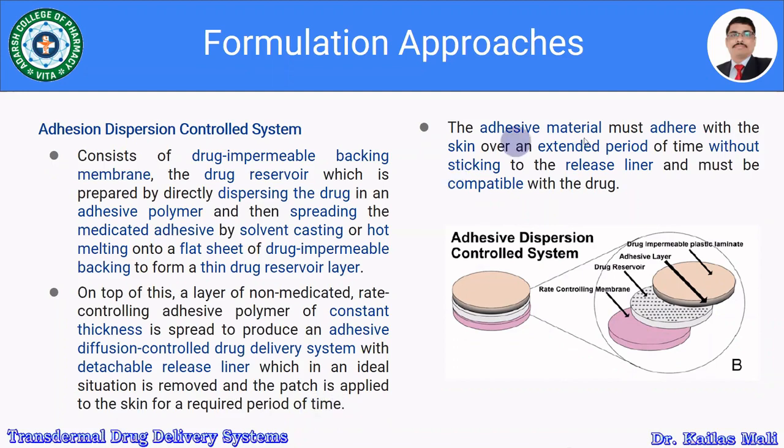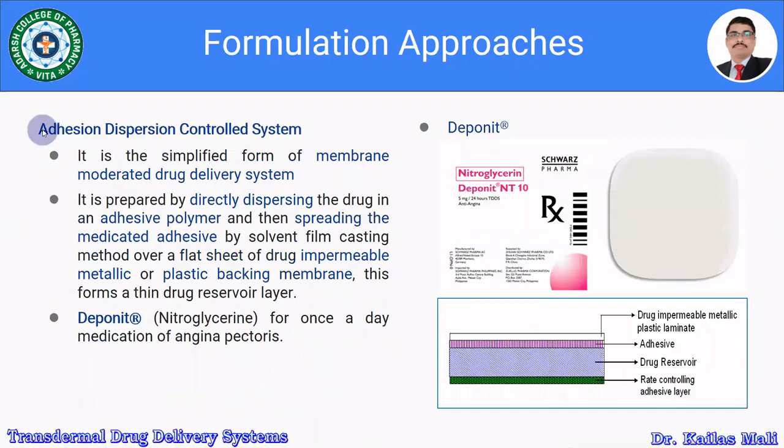The adhesive material must adhere to the skin over an extended period of time without sticking to the release liner and must be compatible with the drug. So in the case of the adhesion dispersion controlled system, it is the simplified form of the membrane moderated drug delivery system.